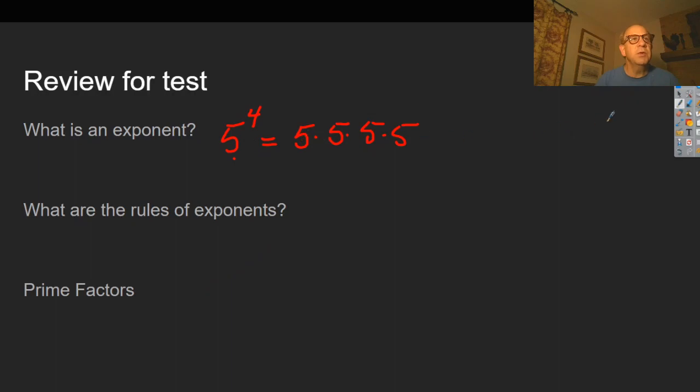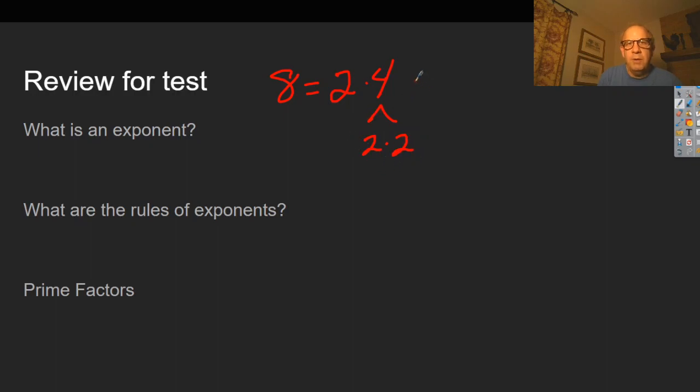Prime factors is something I didn't really talk about a lot. So prime factors is like if I have a number like 8, and this is a popular one, I can factor it. 2 times 4 is 8. 2 is a prime number, but 4 is not a prime number, so 4 can be factored as 2 times 2. So the prime factorization for 8 is 2 times 2 times 2, and I can write that as an exponent by saying 2 to the third power, right?